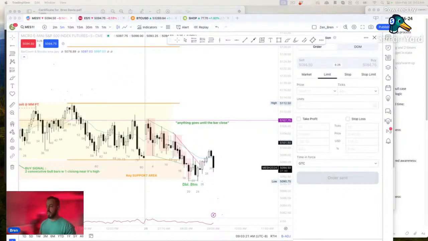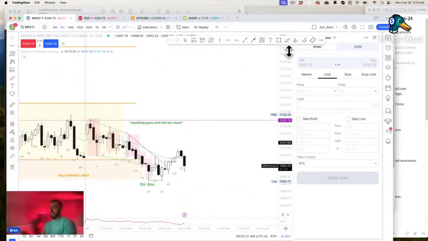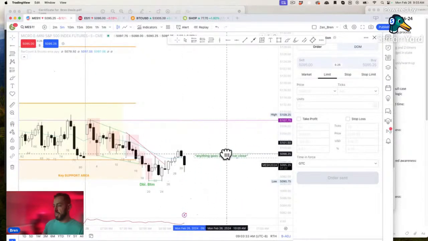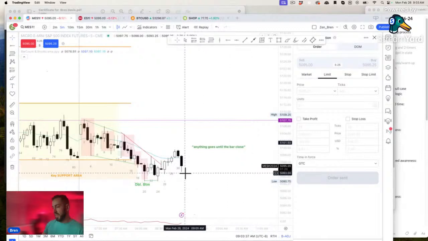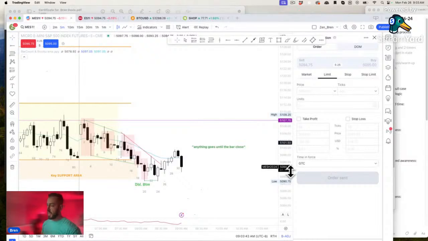Okay, so one possibility, guys, is we form another bottom, because it looks like there's now more buying pressure. Anything goes until the bar closes, so we've got to wait. But it looks like there's some buying pressure here. So we'll see what this close does. This is going to be a key close.